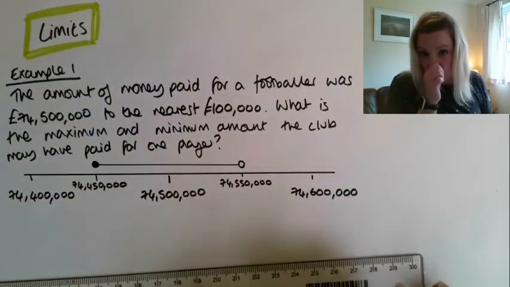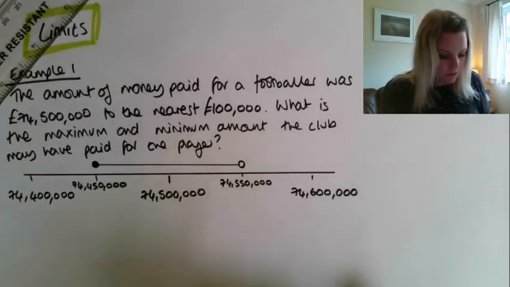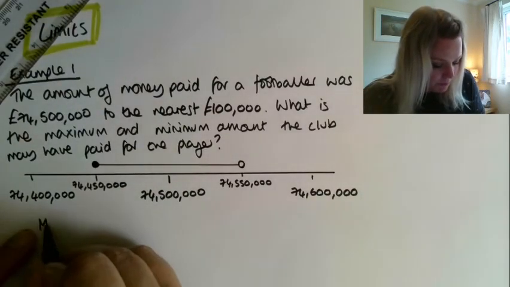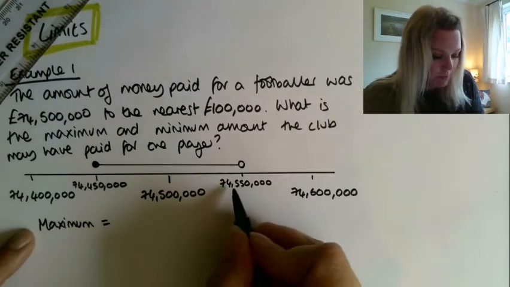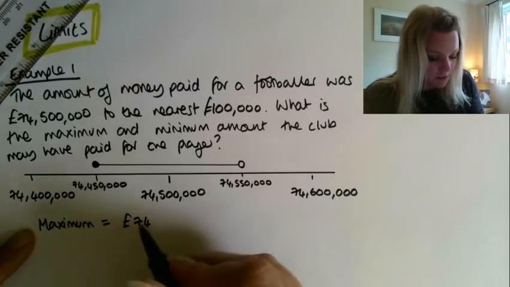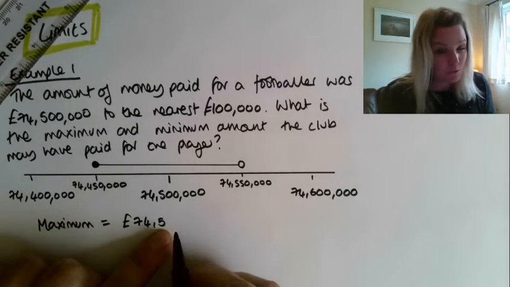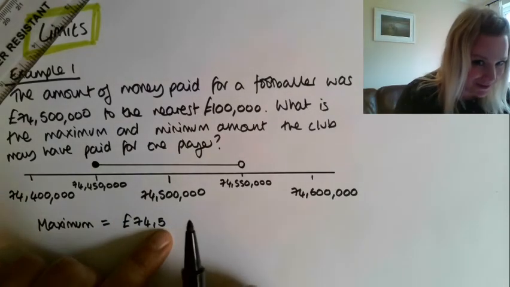Now the question has really just asked us to give the maximum and the minimum. So the maximum amount that the club may have paid is going to be just before this. So it's going to be 74,549,999 pence, right?